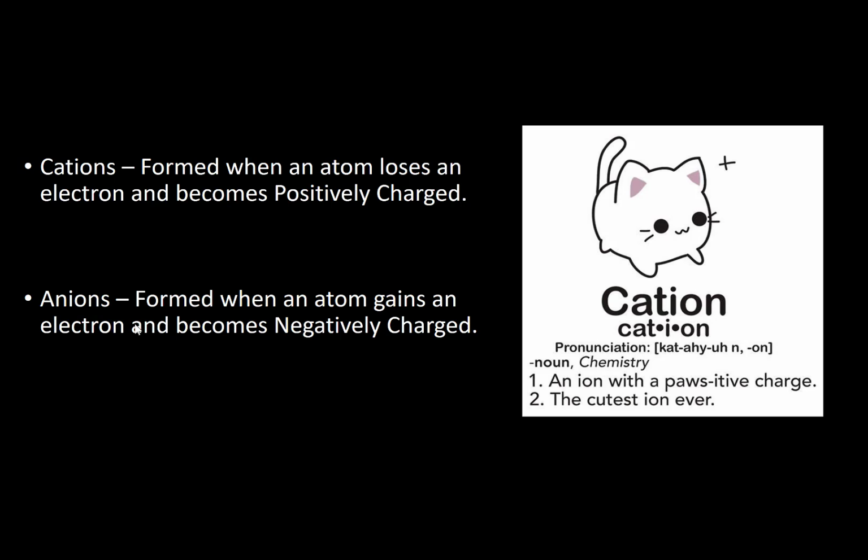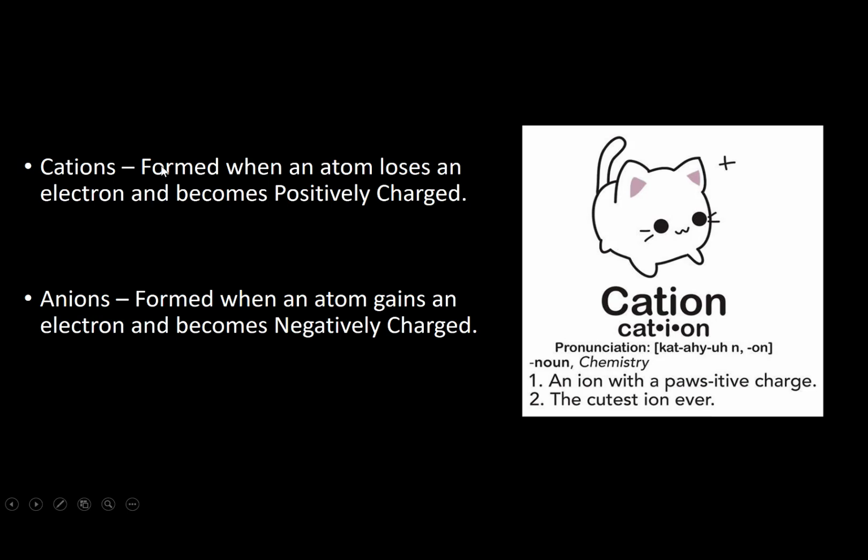Now, positively charged ions are called cations. That term is right here. I know it looks like "cations," but that's not how that is pronounced. You pronounce it "cat-ions." And you can remember it here, of course, with this cute little picture. Cation is an anion with a positive charge, and apparently it is the cutest ion ever.